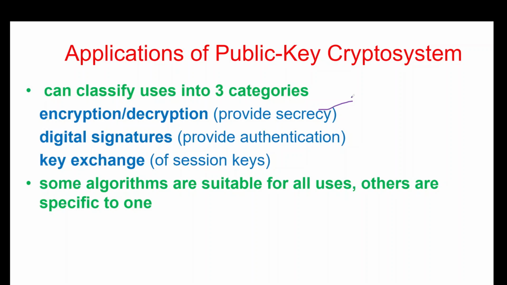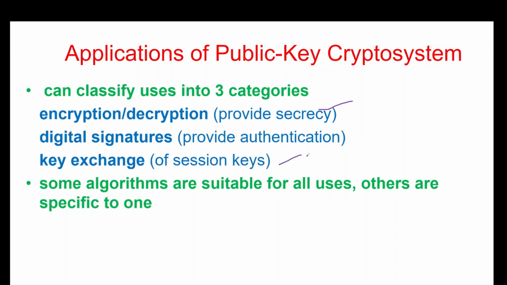If a bank is giving me a voucher, or someone is giving a receipt, it should be authenticated and signed. For example, your mark sheets are like a digital signature. An authenticated party provides a signature to you, verifying the authenticity of the message. The last one is key exchange of session keys.